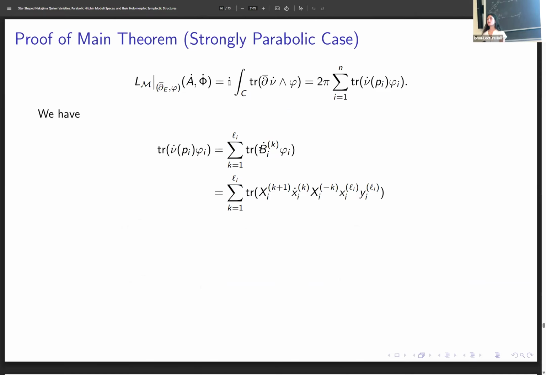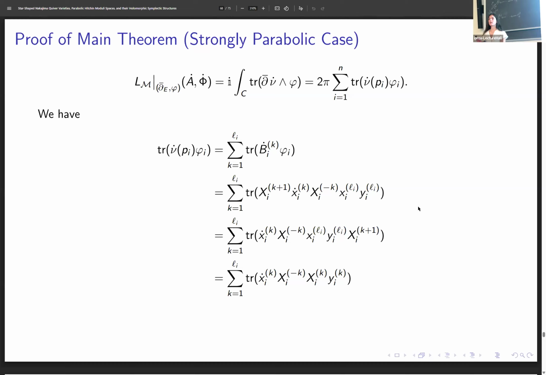I plug in the formula for b dot, and then I use the cyclic property of trace to move this x over to the other side. And then I commute the y past all of these x's, using that rule I discussed earlier. There's no tau to worry about because I'm in the strongly parabolic case now.